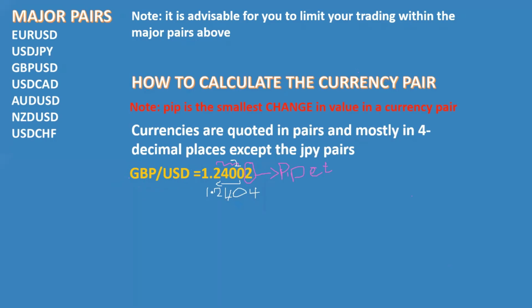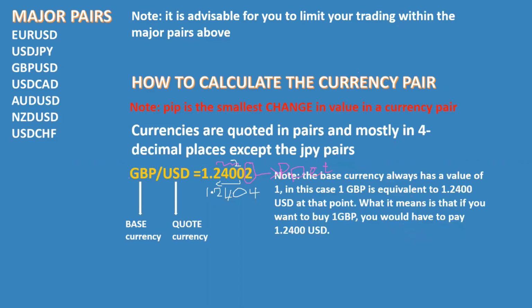Take note of that. So the first currency in a currency pair is called the base currency, while the second is called the quote currency. Let me clean this so that you will see it very well.